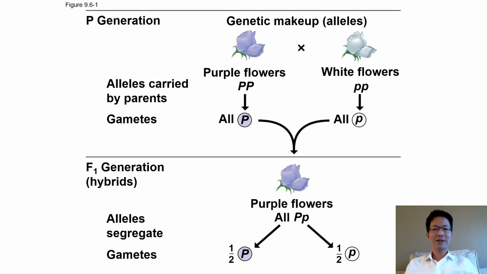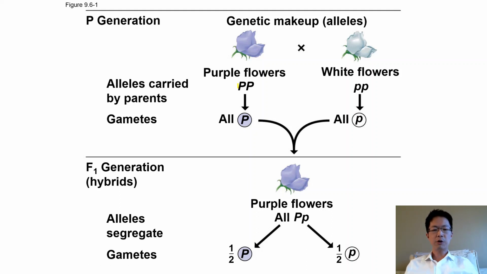Okay, let's take a look at the cross with the alleles assigned. Remember the parent generation. I told you that they are purebred because they self-fertilize for many generations, so that the purple flower only gets purple flower, the white flower only gets white flower.